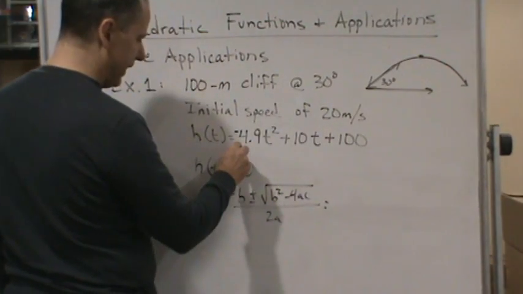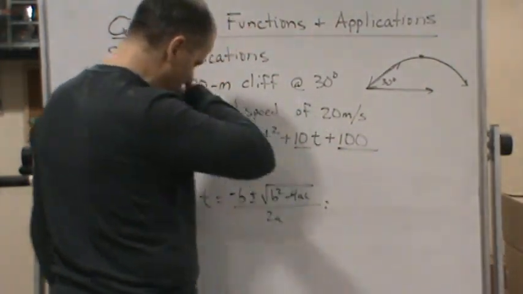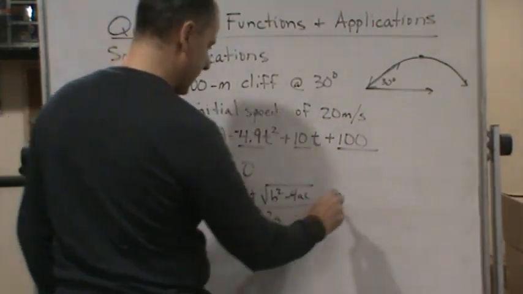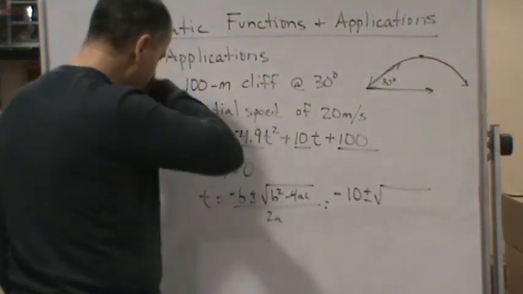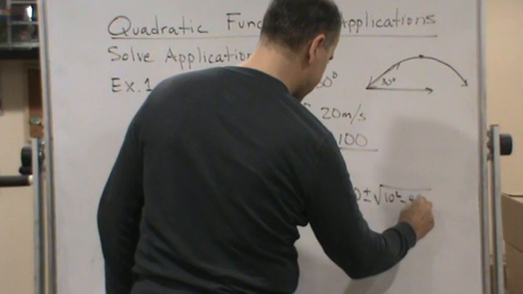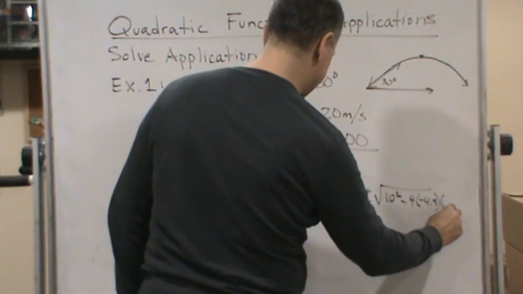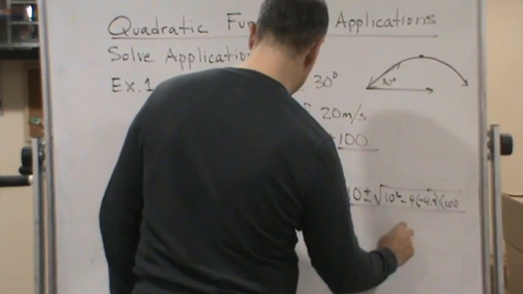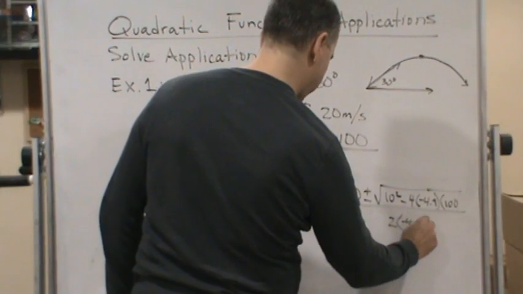And so our a is negative 4.9, our b is 10, and our c is 100. So let's plug it in. So this is going to be negative 10 plus or minus the square root of b squared, which is 10 squared, minus 4 times a, which is negative 4.9, times c, which is 100, all divided by 2 times a, which is negative 4.9.